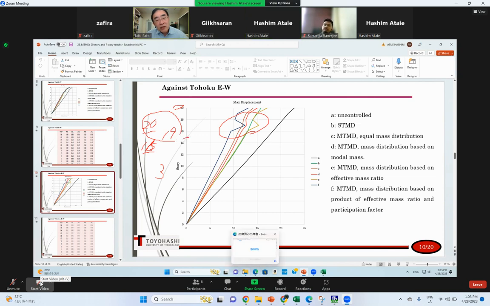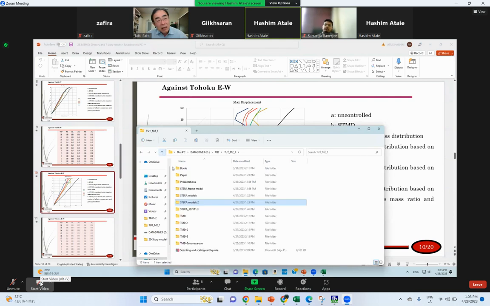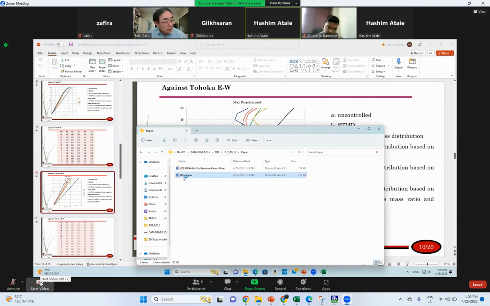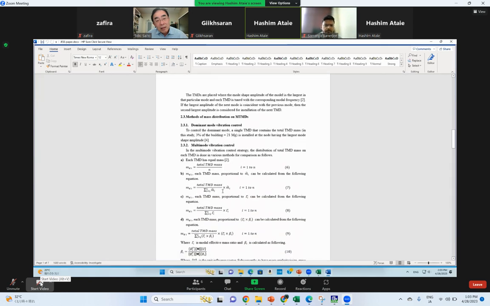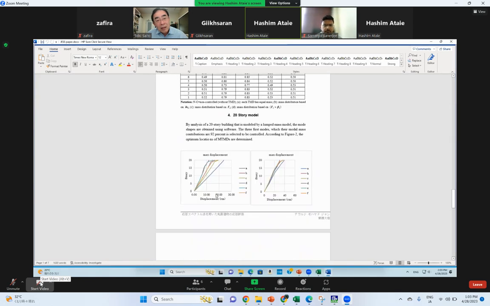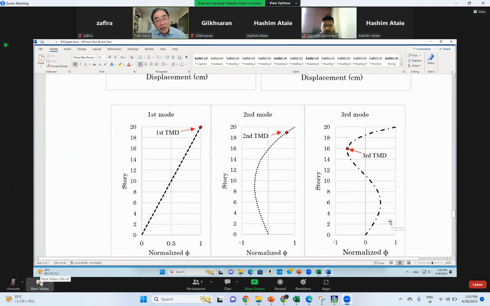Could you show me the mode shape? Yes. This is the mode shape. Why don't you put the damper here?